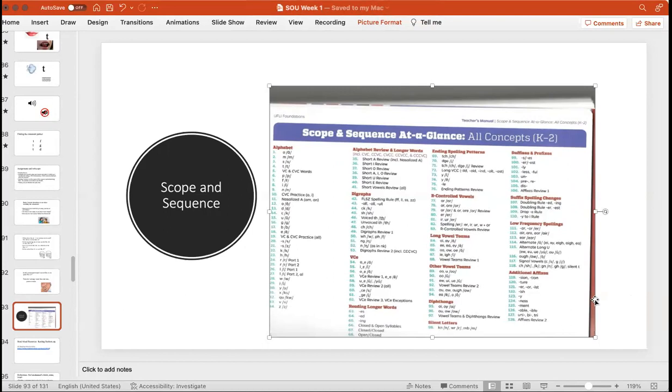Okay. And it's all based in the science of reading. And what they've done is you purchase the manual, but there is tons and tons of exceptionally good resources for free on the UFLI toolbox. And this is their scope and sequence.